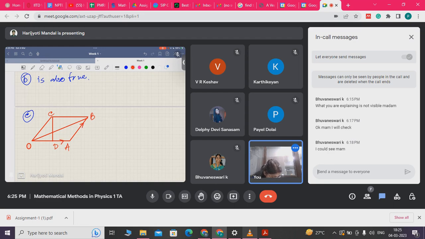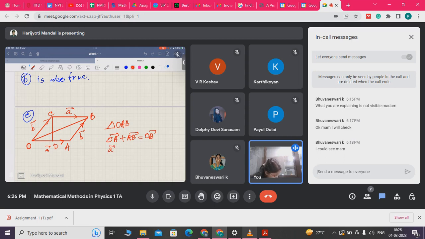Like the previous parallelogram, if we name it as A. CB is A, then OA is also A, and OC is B, then AB is also B. So in the triangle OAB, OA plus AB is equal to OB.